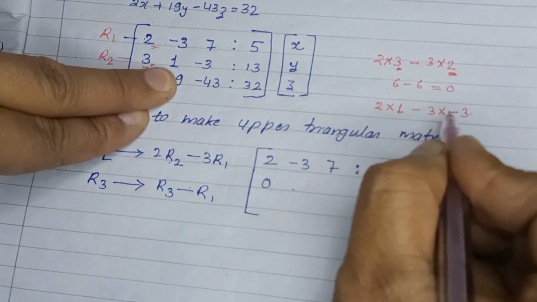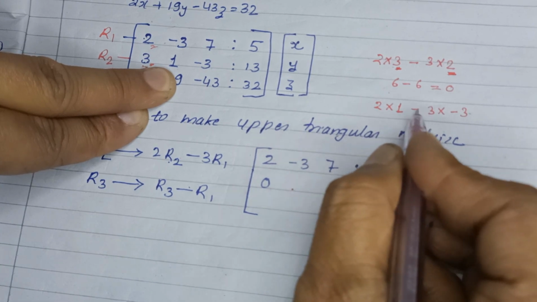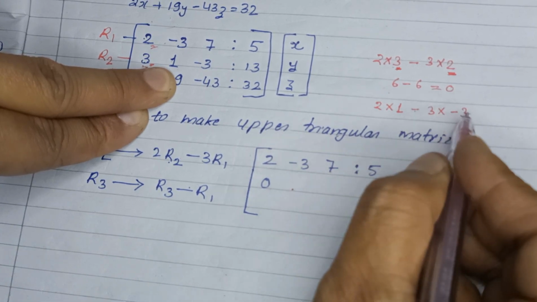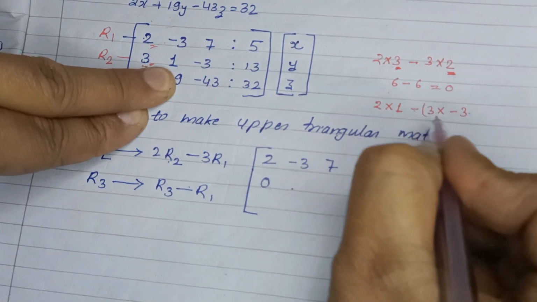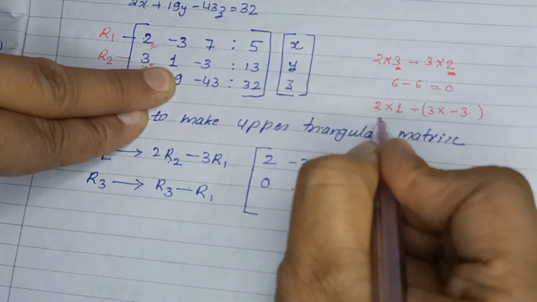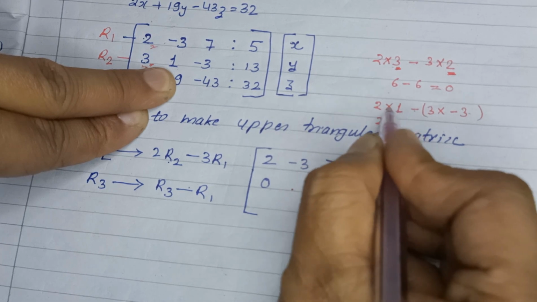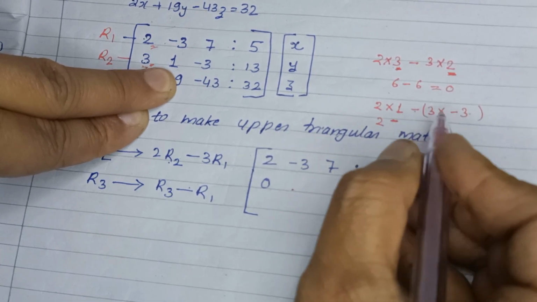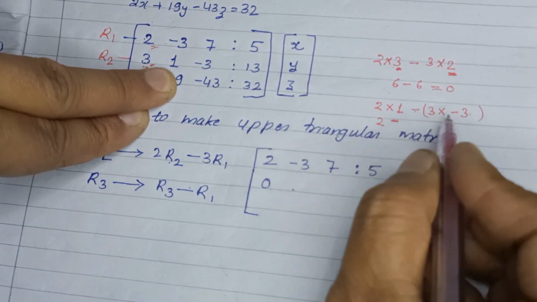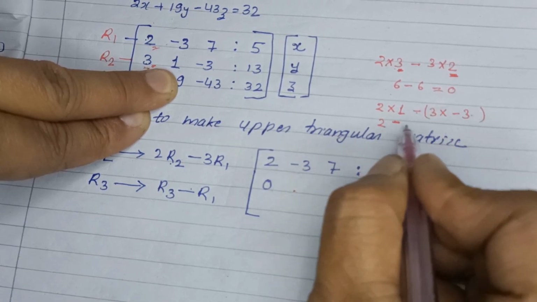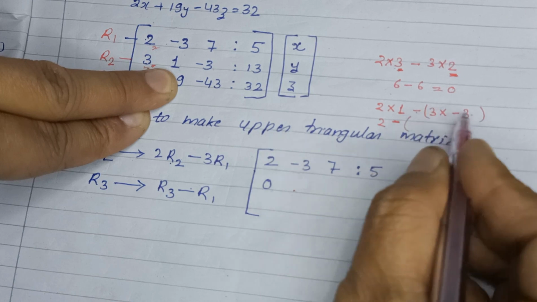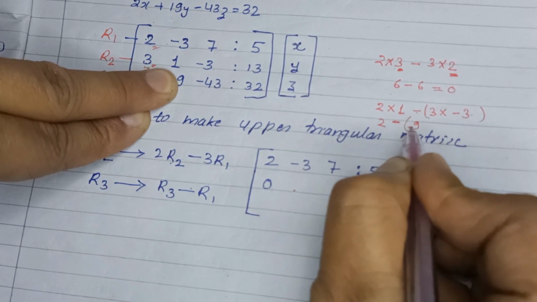Here it's already minus, and I am going to multiply with minus 3 again, so I'll keep it in brackets. So I get 2 into 1 is 2 minus, and here in brackets it's minus, again in brackets minus 3, 3 threes are 9, so it's minus 9.